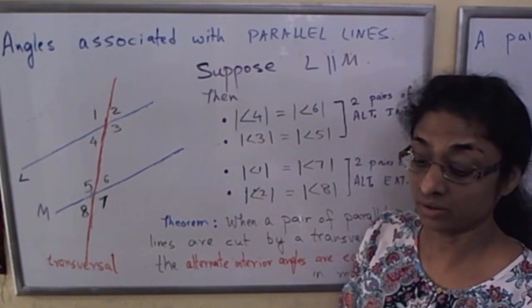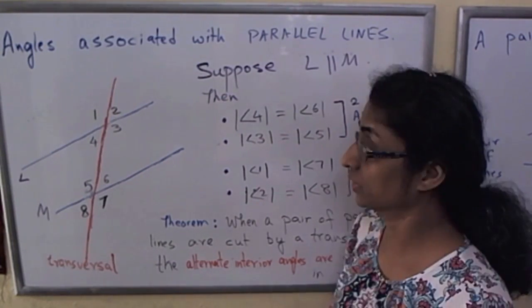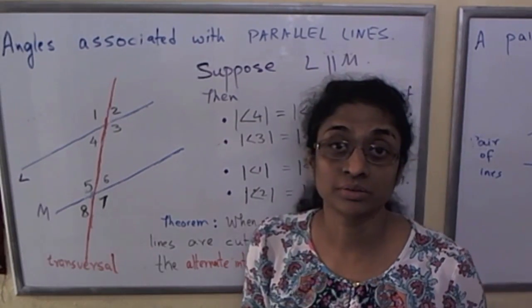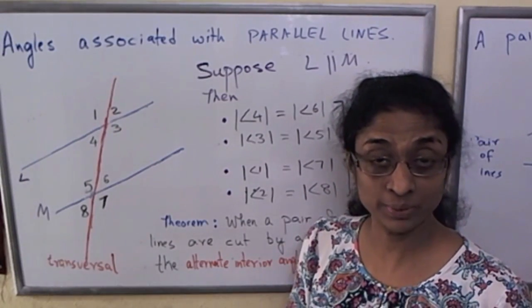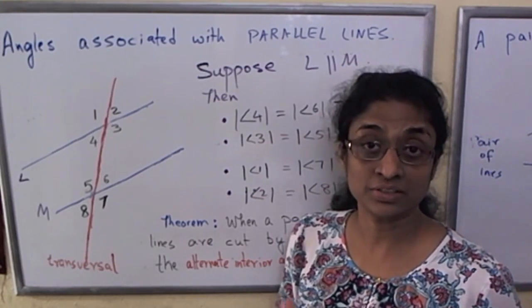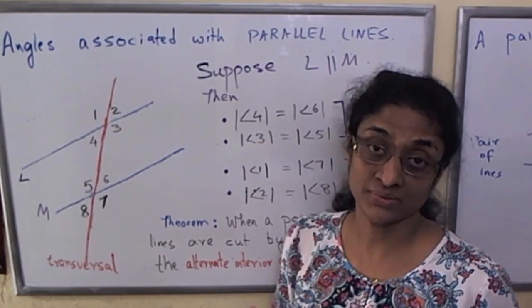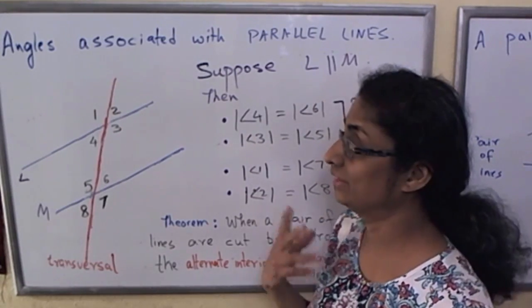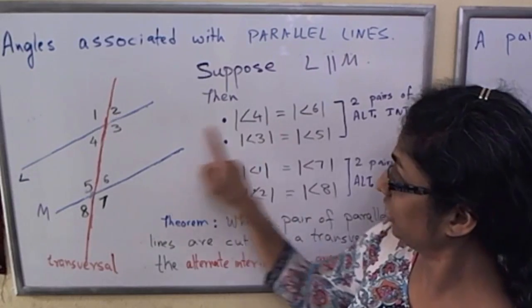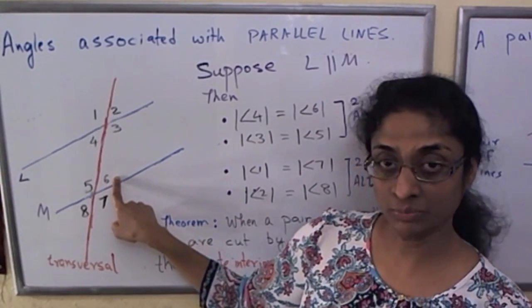Now let's confirm that using transparencies. So let's recall the 3 basic isometries of the plane, which are translation along a vector, reflection across a line, and rotation about a point by a certain degrees. So I think to myself, I would like to prove angle 4 and angle 6 are equal in measure.